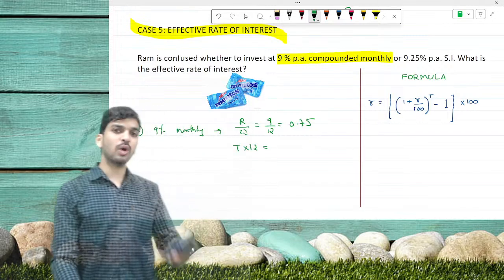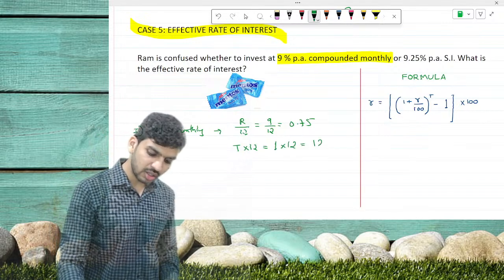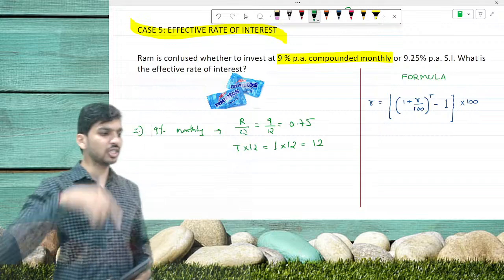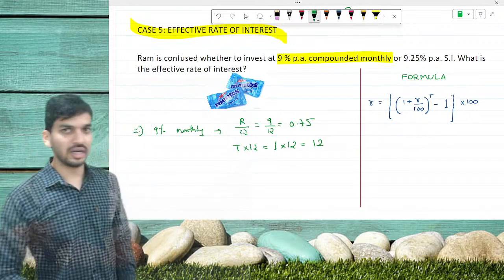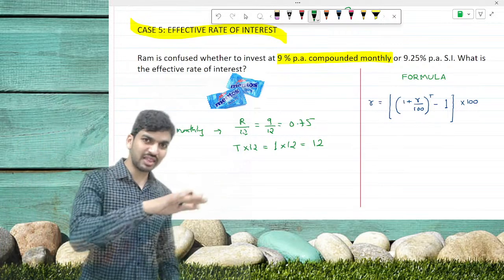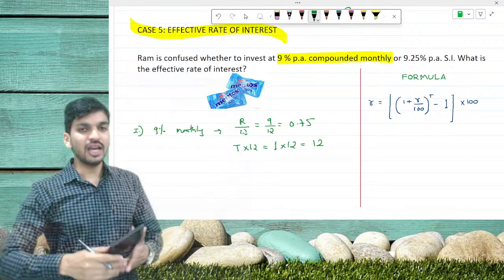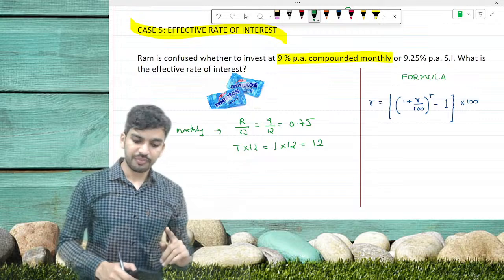We are going to assume time as 1 year. So 1 into 12, that is 12. This is your R and this is your value of T. All of you just keep your pens down and try to understand this. So for case 1, 9% compounded monthly, since it is monthly, we are dividing the rate by 12 and multiplying the time by 12.